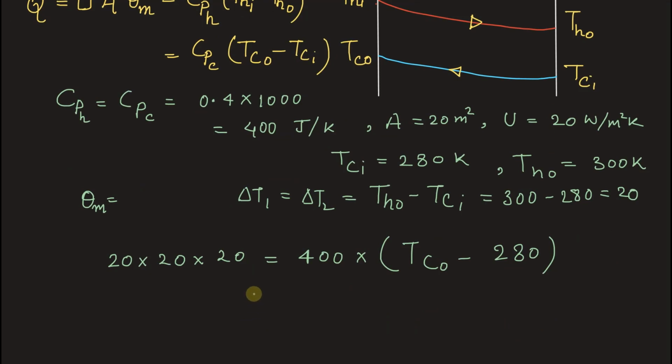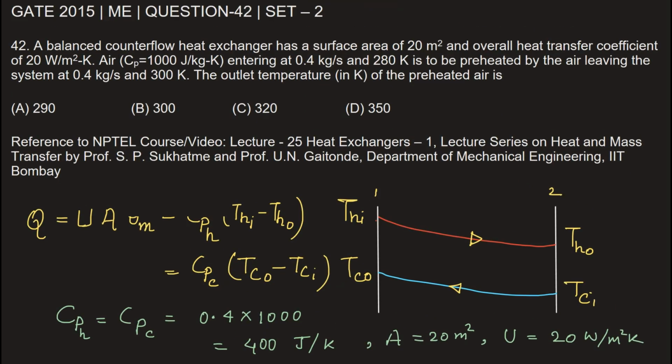And from here we can cancel out, so Tco will be equal to 280 plus 20, which is 300 Kelvin. So the temperature of cold fluid when it exits the heat exchanger will be 300 Kelvin. Okay, so the correct option is option B.